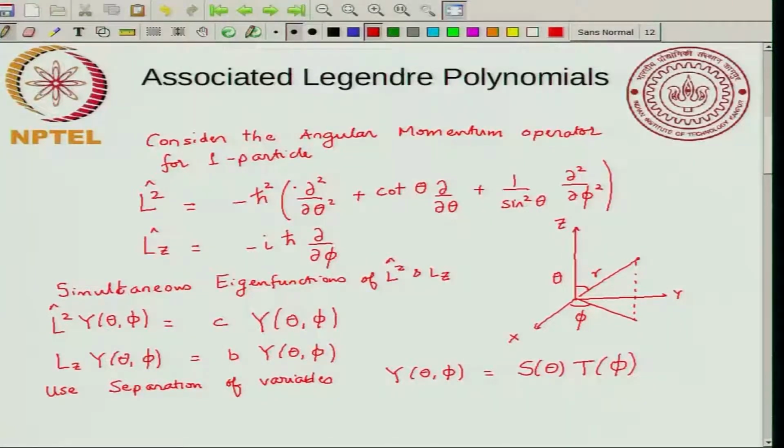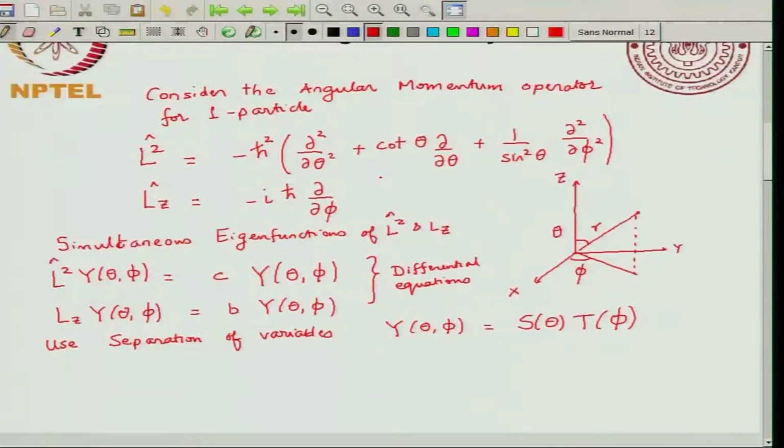Let me emphasize that these two are differential equations, because L square and Lz have representations that involve derivatives. The second case is a first order differential equation, and for L square you have a second order partial differential equation that includes both theta and phi. Let us substitute in the second equation.